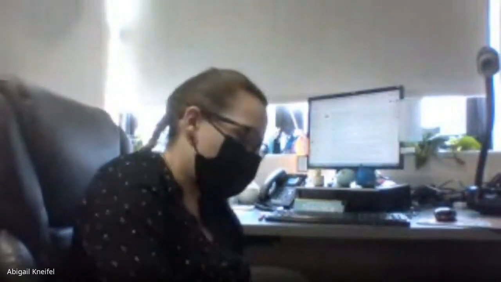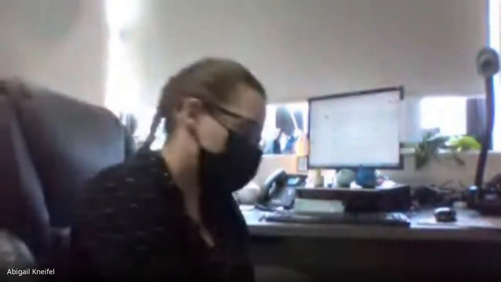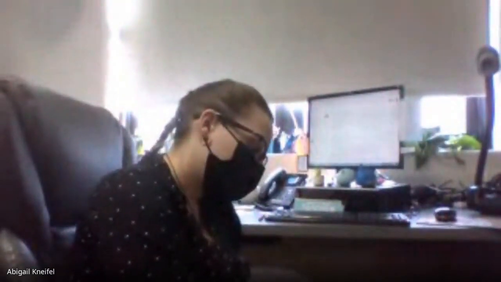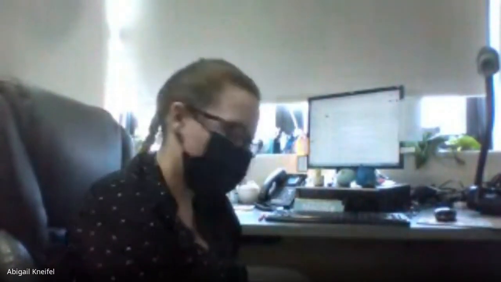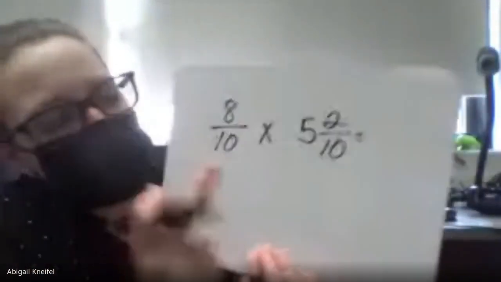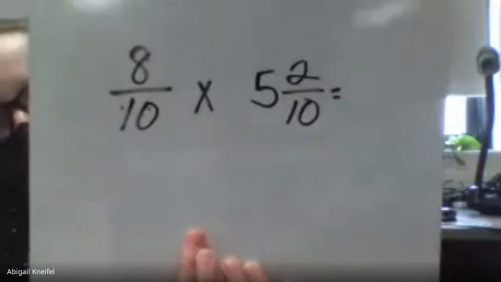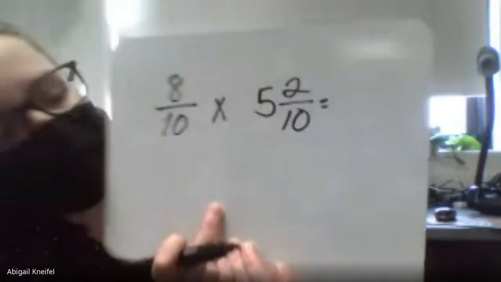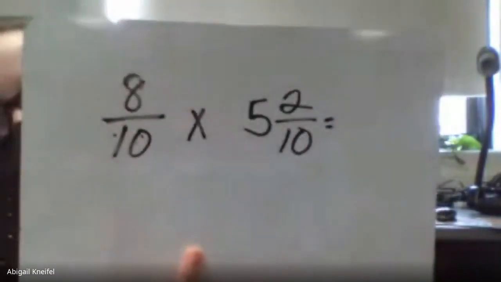Let's try another one. All right. This time we have a regular fraction times a mixed number. 8/10 times 5 and 2/10, okay?